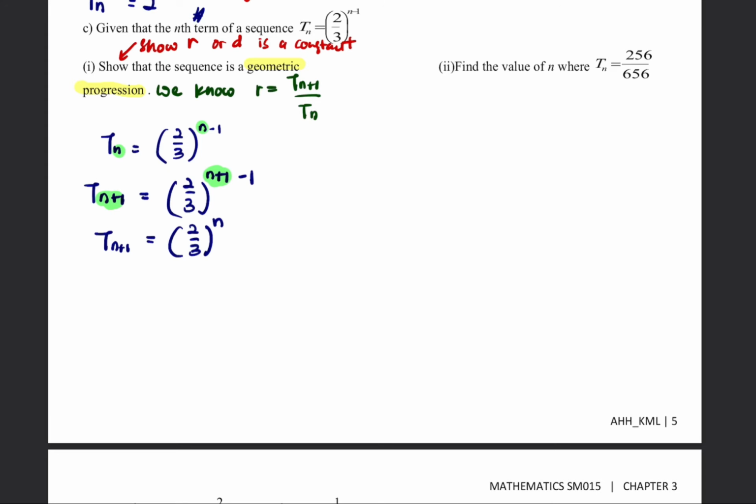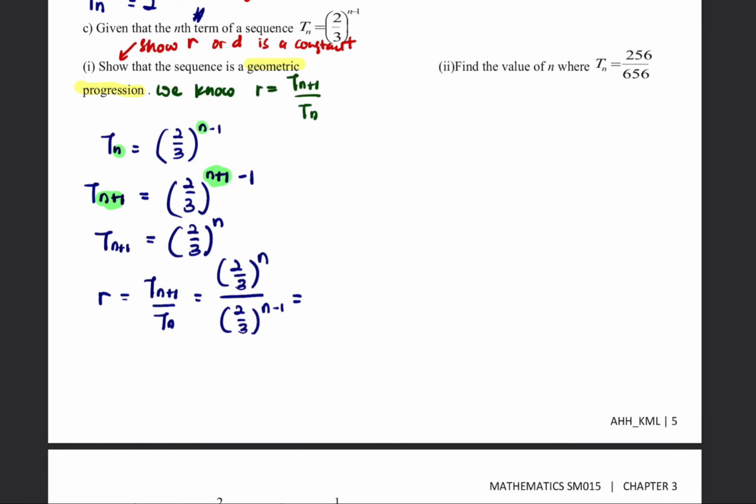Okay, so our Tn plus 1 is equals to 2 over 3 to the power of n. So now, as what I mentioned before, if the question asks to show that the sequence is a geometric, we have to show R is a constant. So kita tahu R kita yang ini. So we will have R equals to Tn plus 1 over Tn. So our Tn plus 1 is this thing here, 2 over 3 power n. Our Tn is this thing here, 2 over 3 n minus 1.